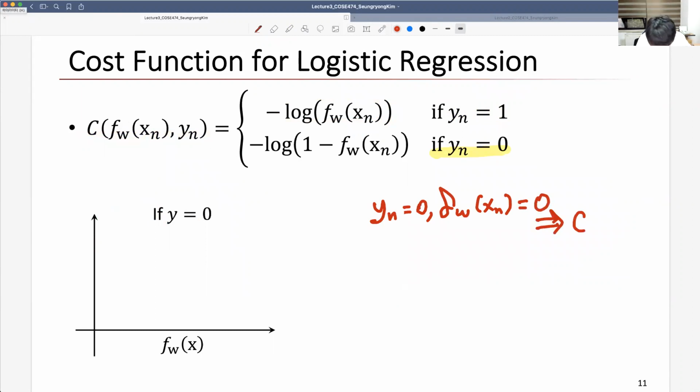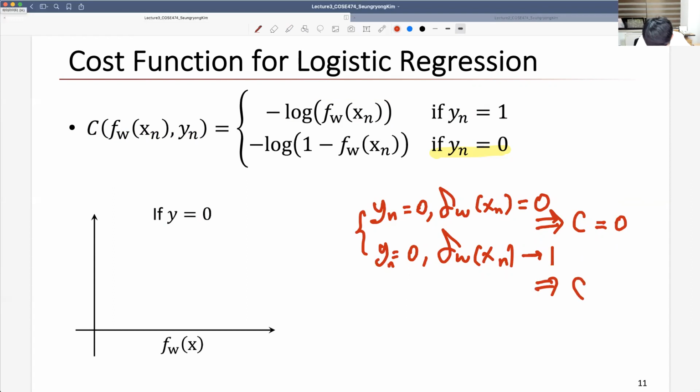So in this case, cost should be 0. But if yn is equal to 1 but f_w(xn) is going to be 0, the cost is going to be infinity, right? This is our desired property in classification problem, right?